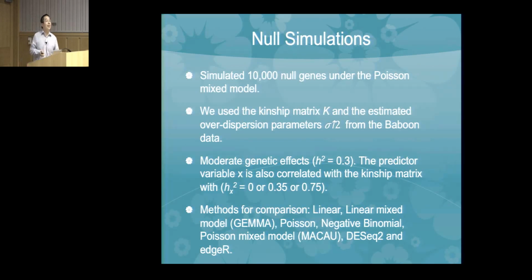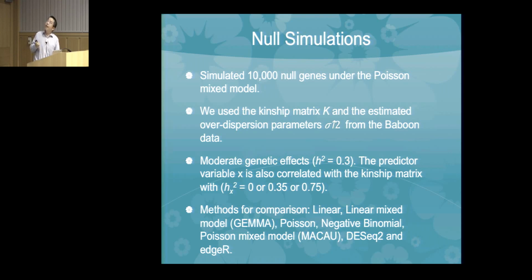So now you can see that we have this very nice Poisson mixed effects model. The novel part of this model is that it tries to account for sample non-independence. We also have this very efficient MCMC-based p-value computational algorithm that makes it scalable to large-scale RNA sequencing datasets. Now we want to see whether our approach indeed behaves as we would expect. To do that, we first did a null simulation.